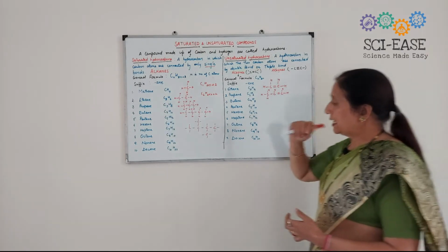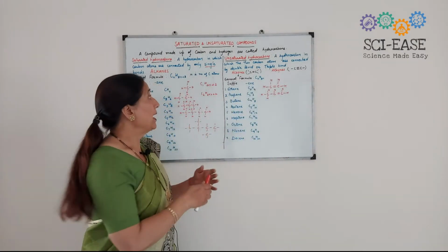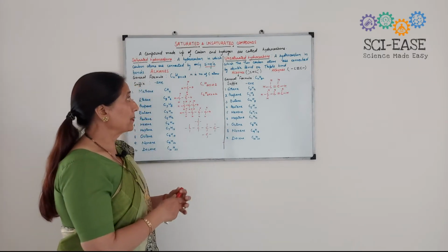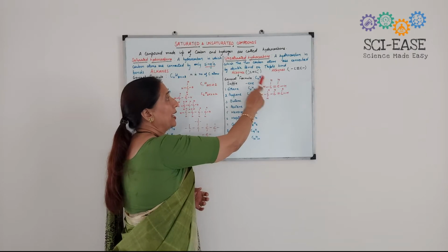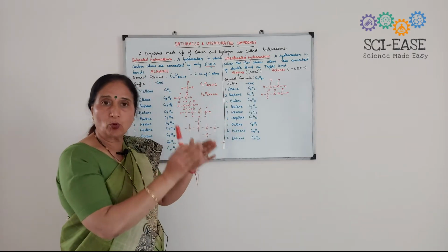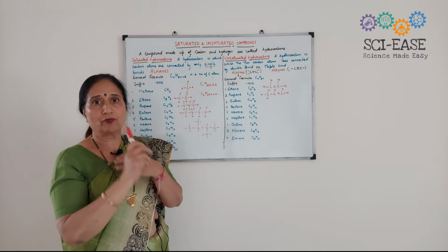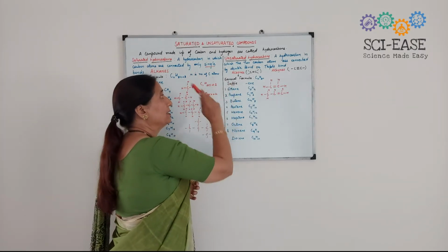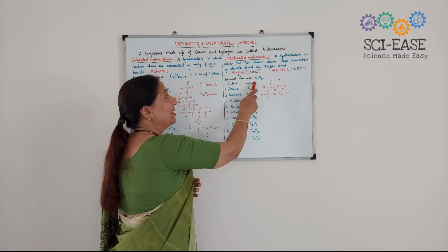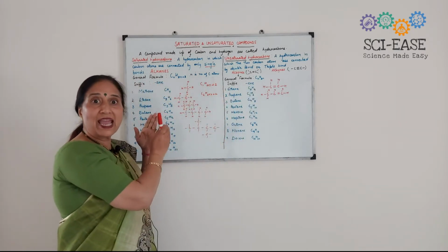So I will take in detail alkenes. Here the general formula is CnH2n. This will help in writing the molecular as well as the structural formula of the compound. And the suffix used here is ene, E-N-E. In alkanes, it is A-N-E.